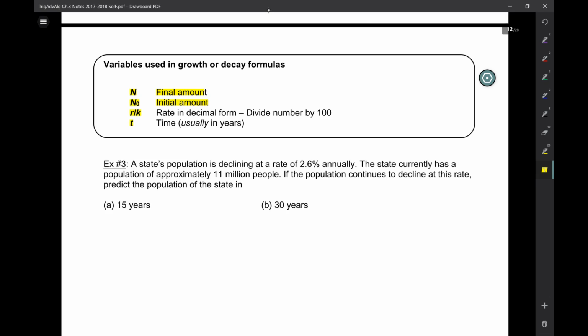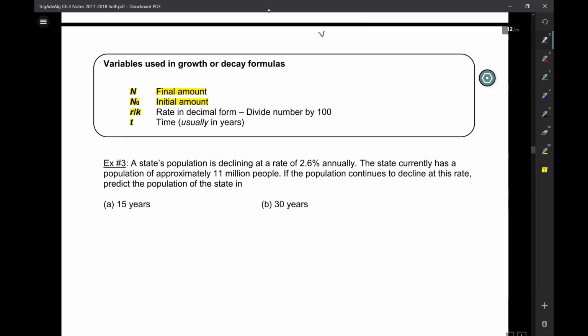This is N and N naught. So instead of having VF and VI, we would have V and V naught. Okay? Or N and N naught. So R or K is the rate. Time is T, and it's usually in years. Okay.